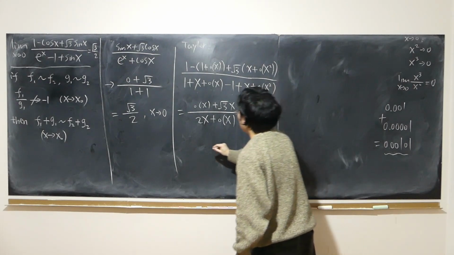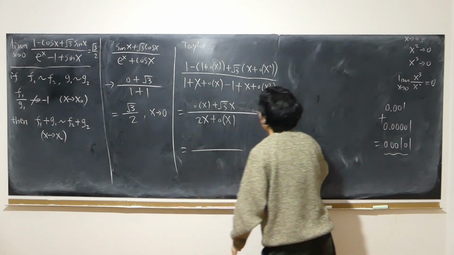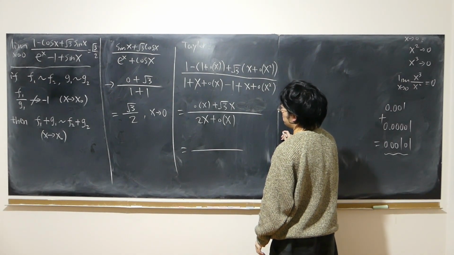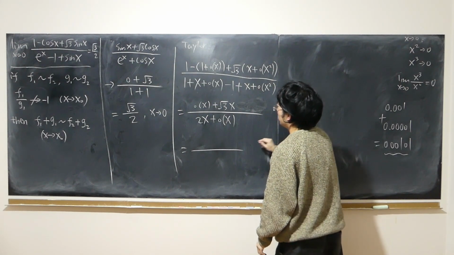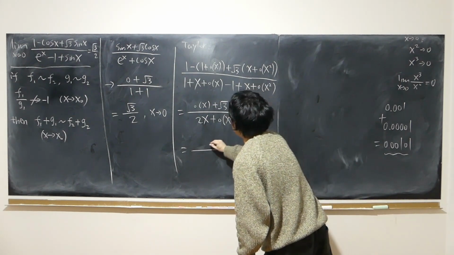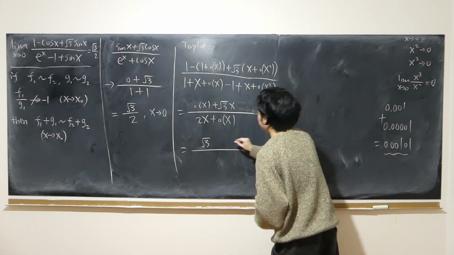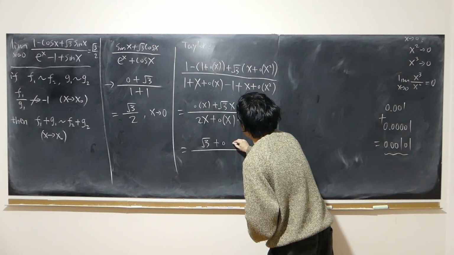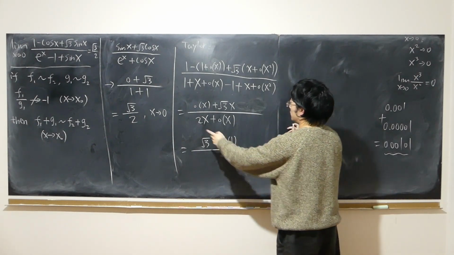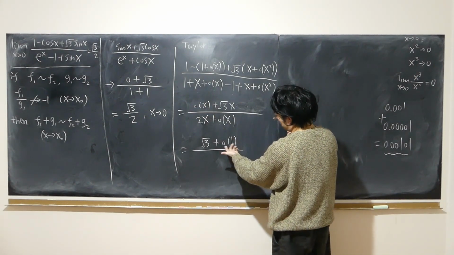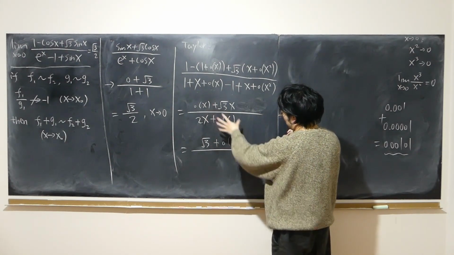So what we can do now is divide top and bottom by x. So this x is gone. And little o of x divided by x is little o of 1. X divided by x, gone, just 1. This is also easily verifiable.